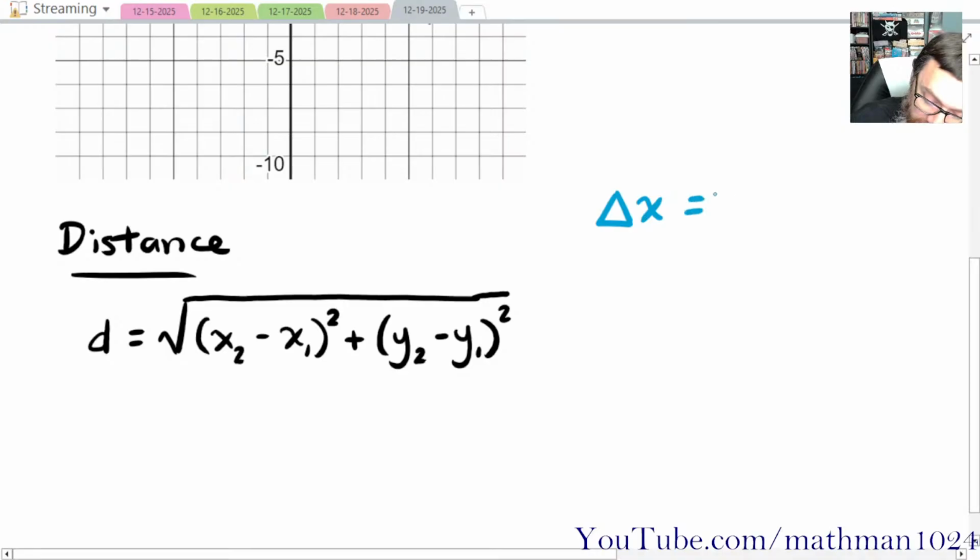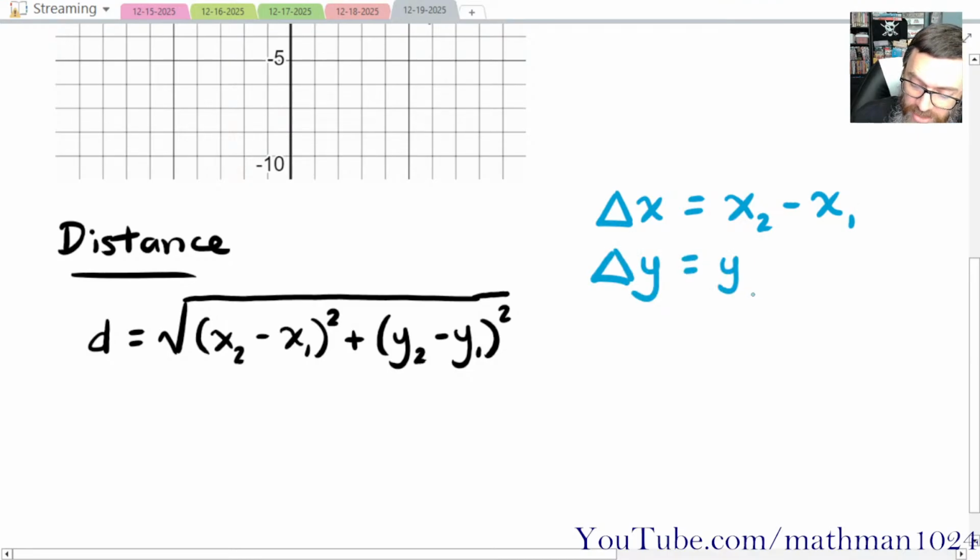So delta x is going to be finding the change between your two x coordinates. Now notice that I'm using a subscript here. It's not a power. And so this is to denote the second x coordinate versus the first one. Similarly, I can do delta y to represent the change in the y coordinates.